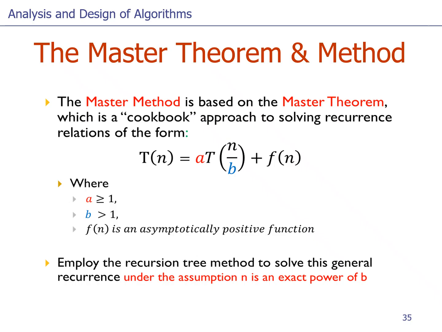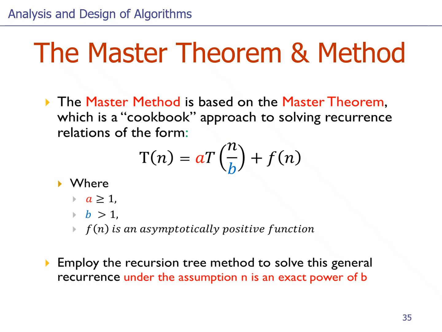So if it's equal to 1, you are really executing a slow recursive function, because you're not really splitting the data into 2 equal or more parts. You are splitting it into one part that is of lesser size. Okay? But that is acceptable. You can still solve this type of recursive function or method or logic using the master method. Okay? But remember, the b has to be greater than 1.